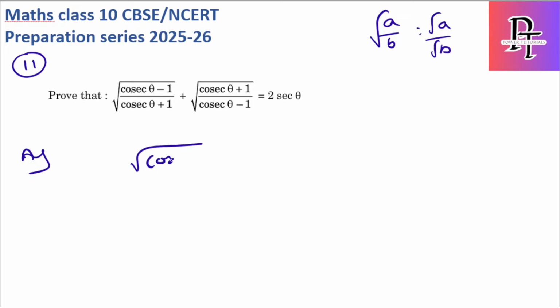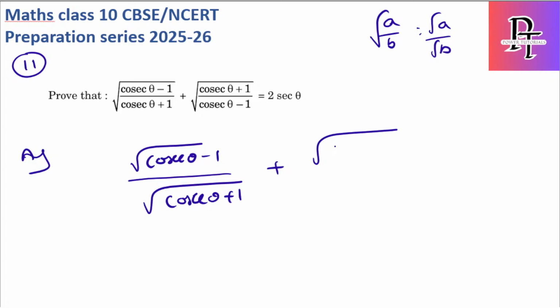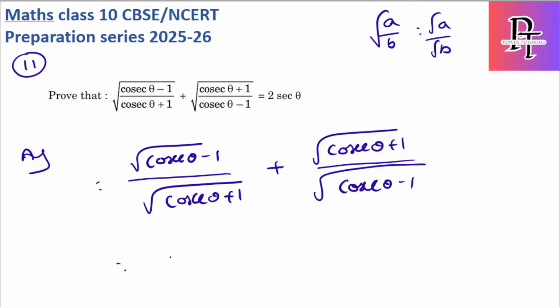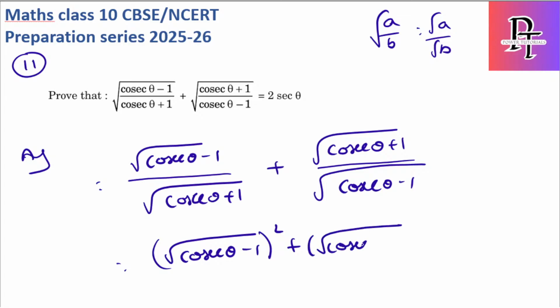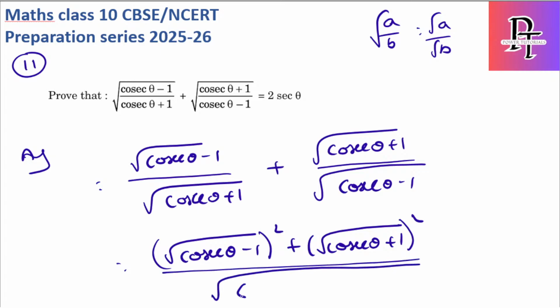So this becomes root of cosecant theta minus 1 by root of cosecant theta plus 1 plus root of cosecant theta plus 1 by root of cosecant theta minus 1. Okay, so now if I take LCM, this becomes root of cosecant theta minus 1 whole square plus root of cosecant theta plus 1 whole square by root of cosecant theta plus 1 into cosecant theta minus 1.